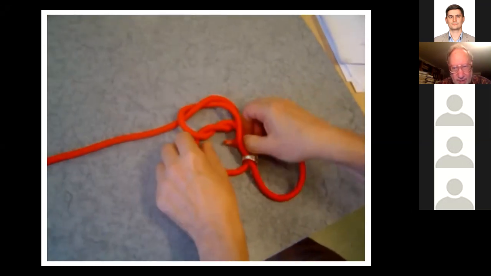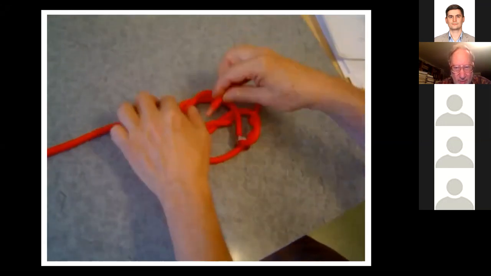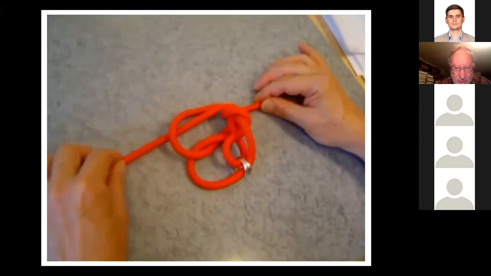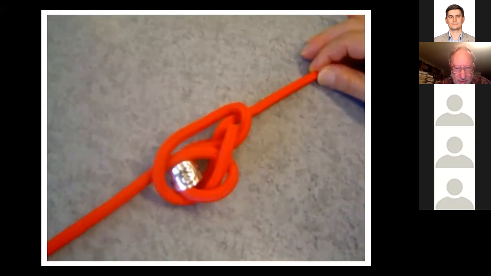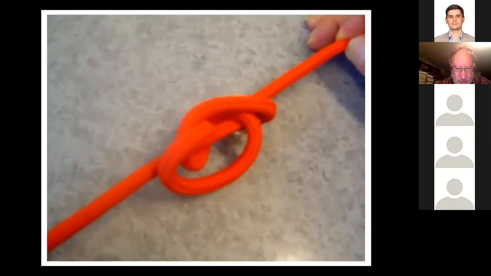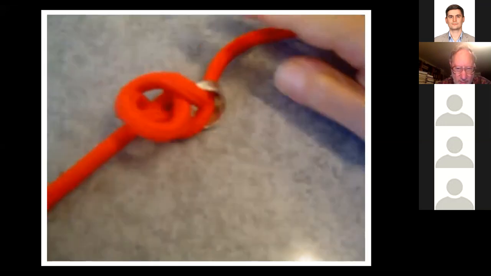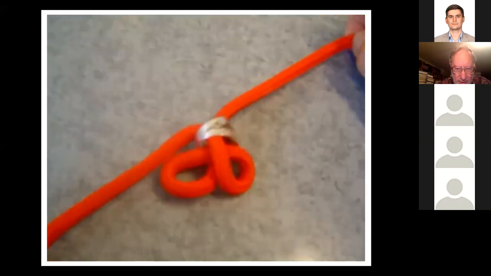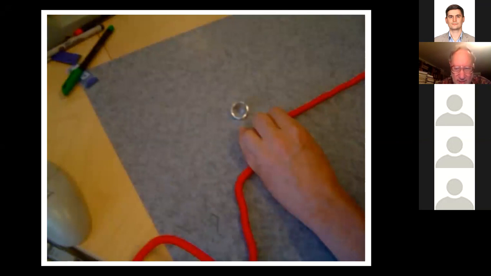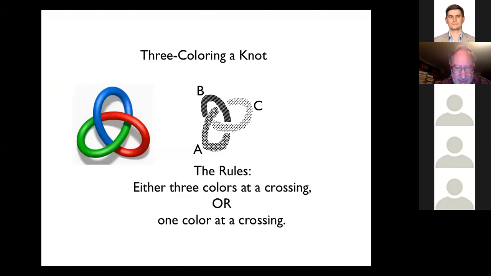I have threaded the ring in such a way that there is no linking number between the ring and the rest of the rope, but that doesn't guarantee that it will come off. The rest of the rope is going to be unknotted because it's threaded just as it was before. And what will happen to the ring in relation to that unknot is a little bit of suspense at the moment, but perhaps you see that, in fact, it's going to come off. So experiments like this are good for thinking about knots physically, and they're also good for performing some kinds of close-up magic like that.